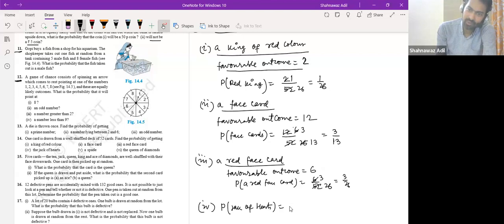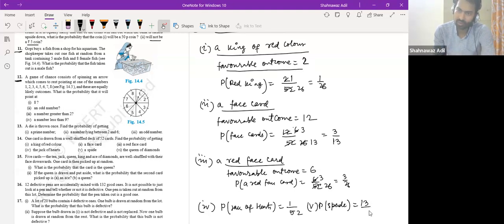Good. And then the fifth one, a spade. What is the probability of a spade? 13 by 52. Right.